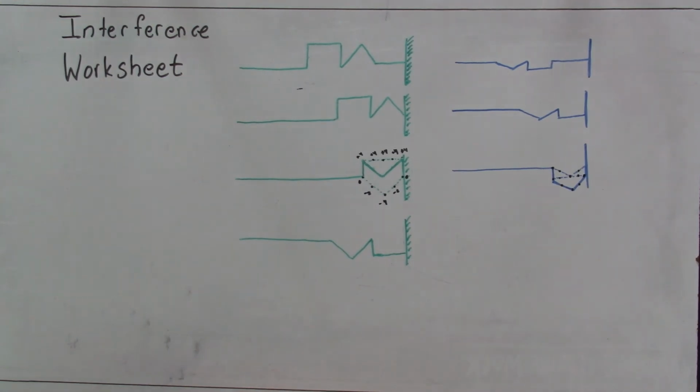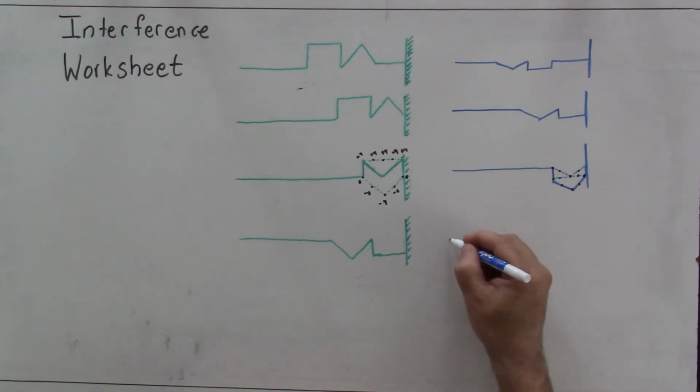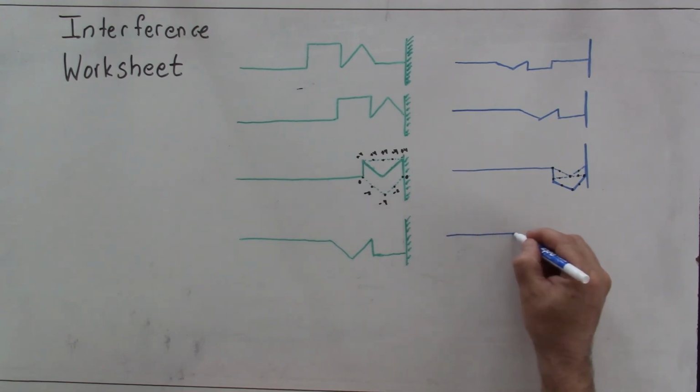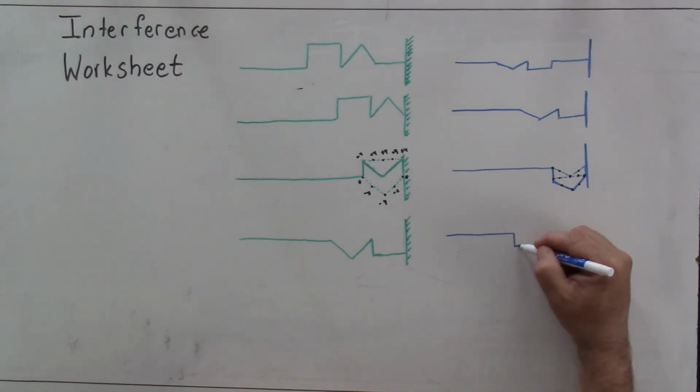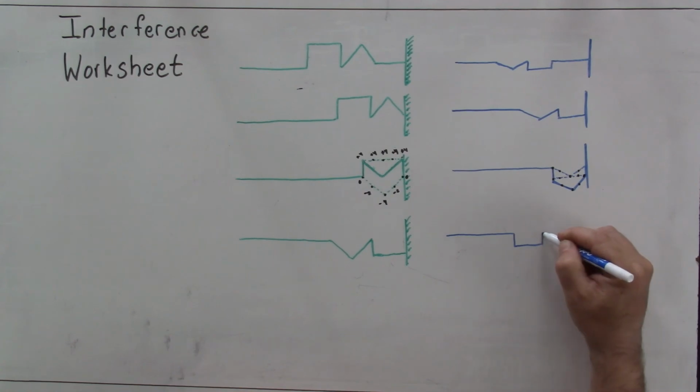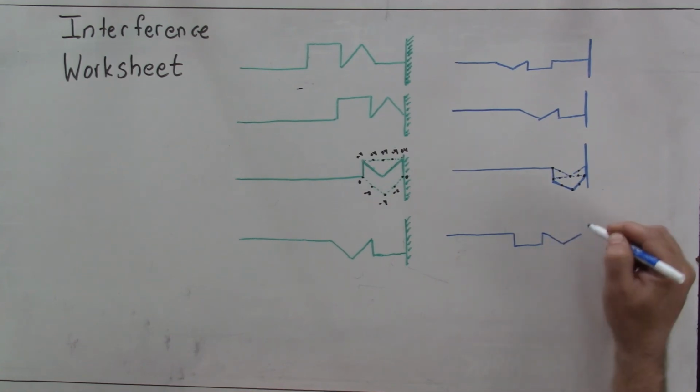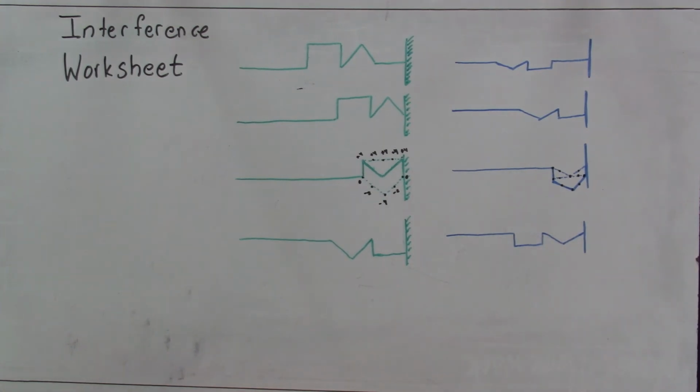Works the same way. And then the waves continue, and the square wave is in front, and the triangle wave is behind, and there's your boundary. So there you go. That is the interference worksheet.